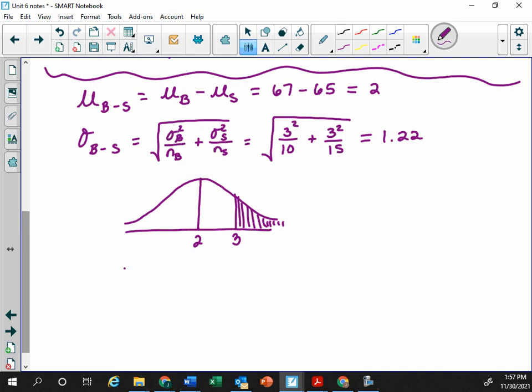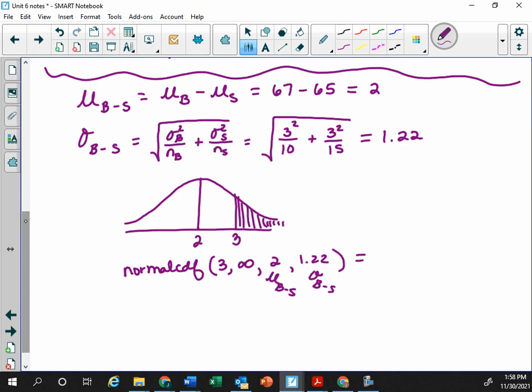You are now going to do normal CDF. We're going to go from 3 to infinity. This was centered at 2 because that was the mu of basketball minus swimmer. And then your sigma is 1.22, which is sigma of basketball minus swimmer. So go ahead and calculate that.